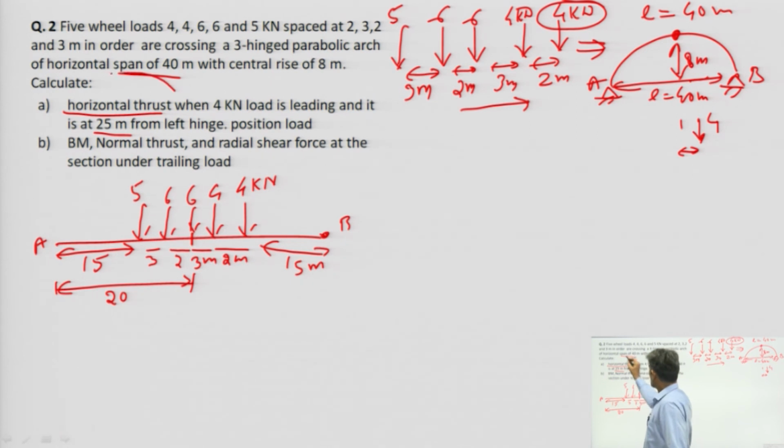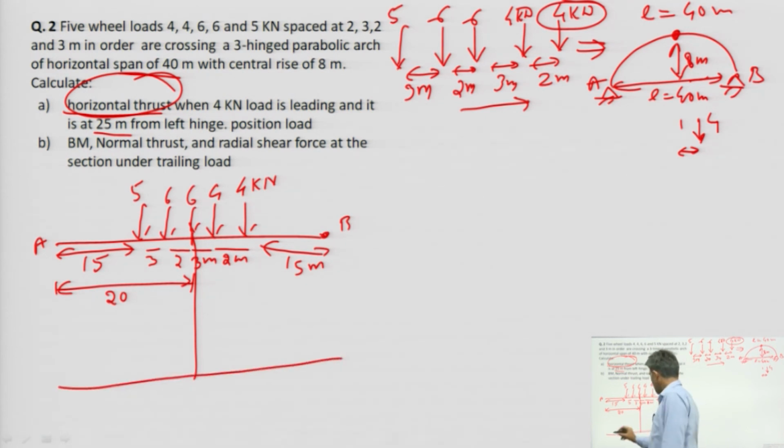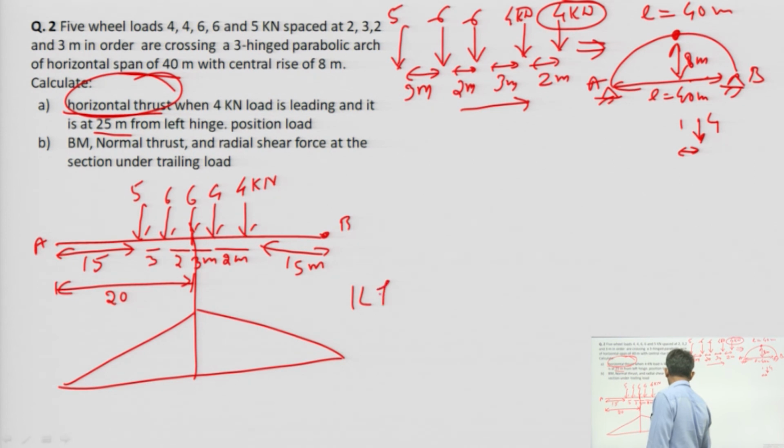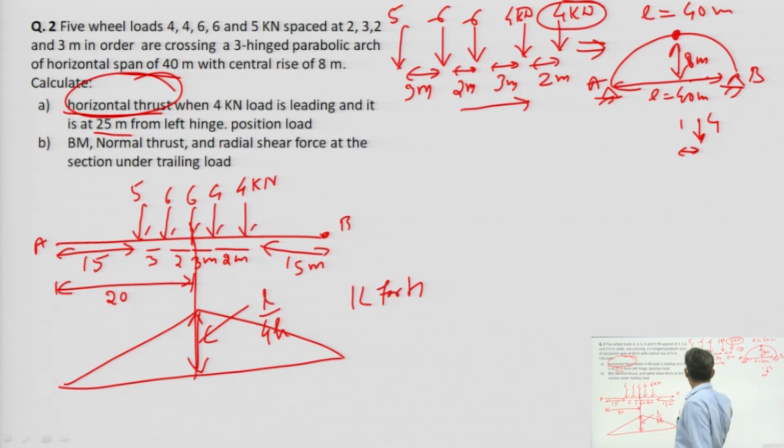And we need to calculate the horizontal thrust. Okay. So, let us make the IL for H. We know the ordinate at crown. What is the value? L by 4H.